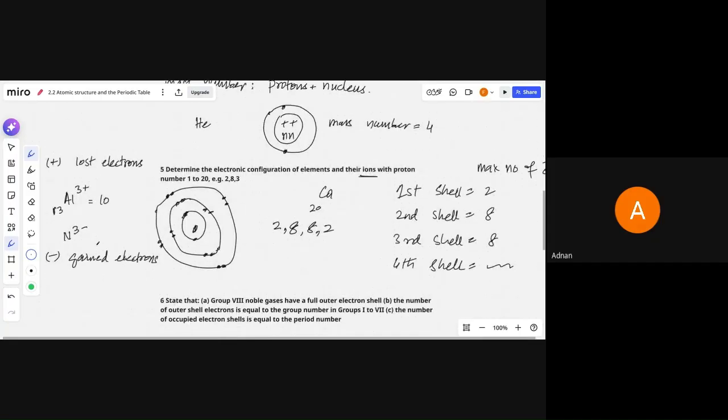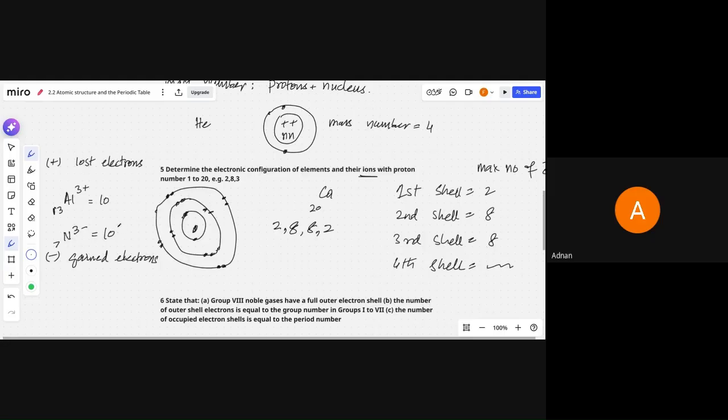And in nitrogen we have 7 electrons, because its atomic number is 7, which is the number of protons, and for a neutral atom, the number of protons and electrons is the same. But now we have a 3 negative charge, it means that it has gained 3 more. So on top of 7, we have to add 3. So 7 plus 3, we also get 10. So this nitrogen ion also has 10 electrons.